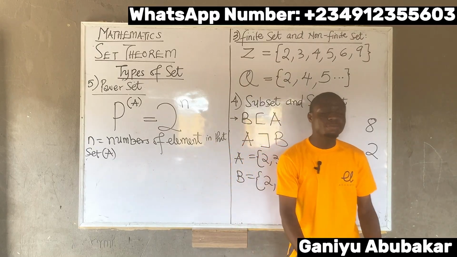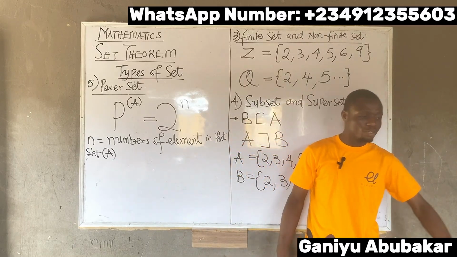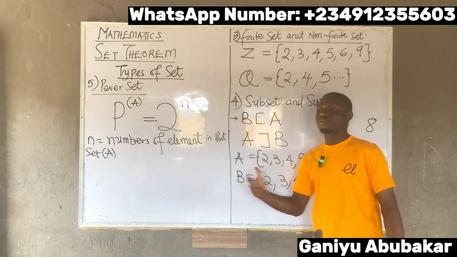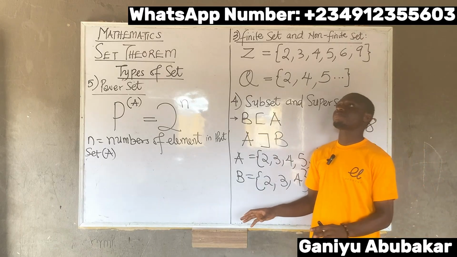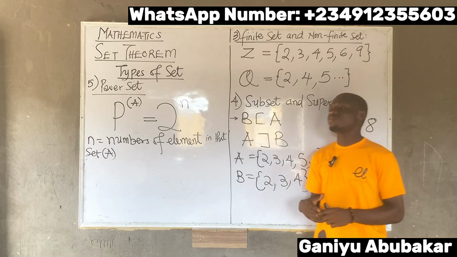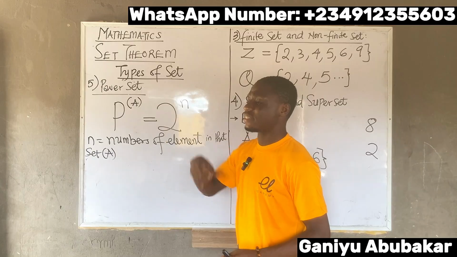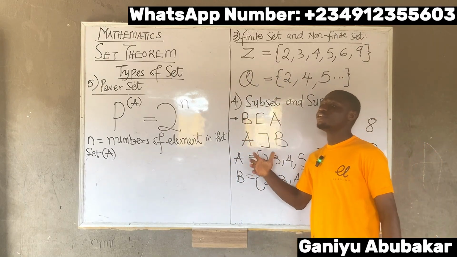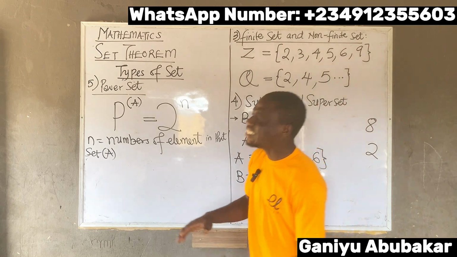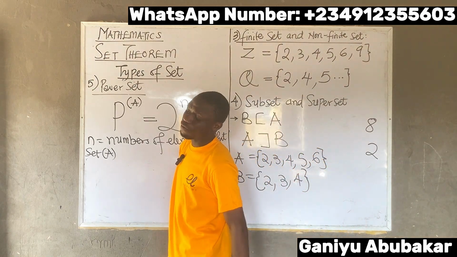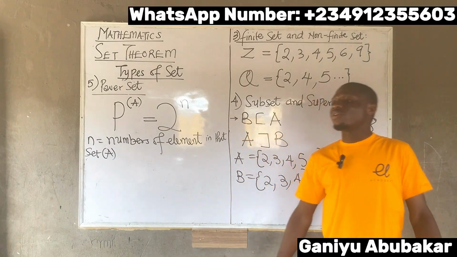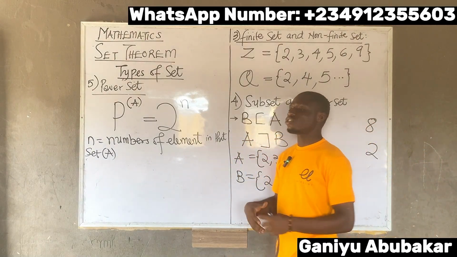Now, what is the meaning of power set? It tells you the total number of subsets. Power set tells you the number of subsets that can be got from a given set. Full stop.